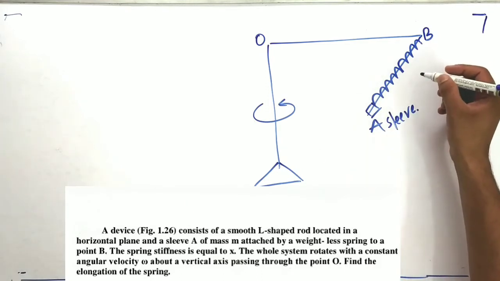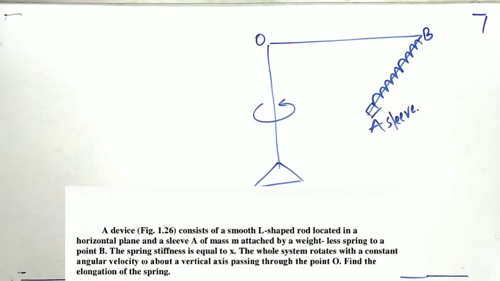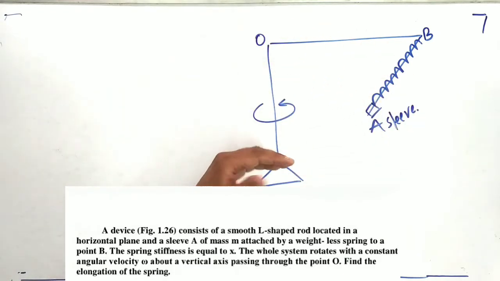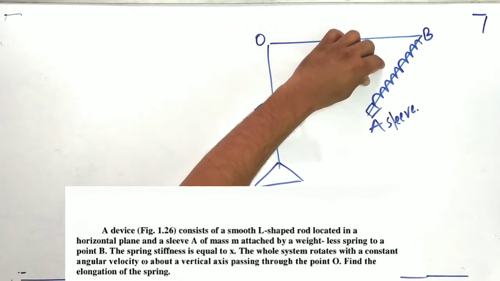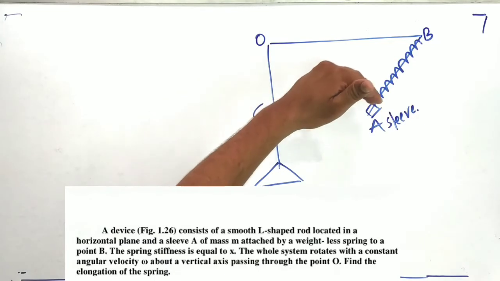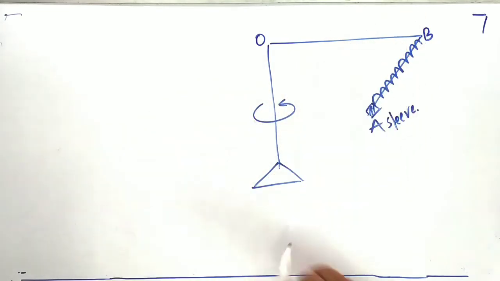We have to find the extension in the spring. The point is that when this device rotates, there is bound to be some extension in the spring, due to which the sleeve moves up or down this rod.